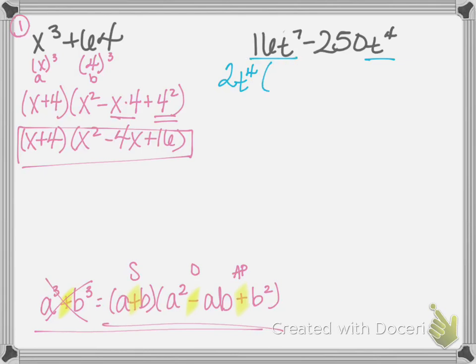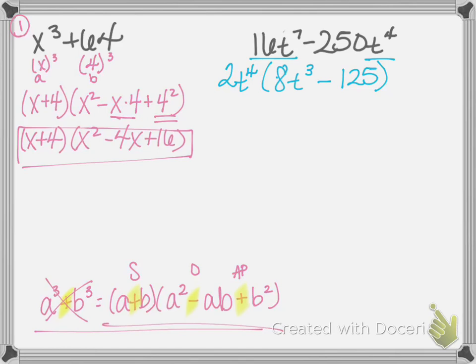If I divide the first term by 2t to the 4th, that's going to give me 8t cubed. All right, carry down my minus sign. Do the same thing for 250. 250 divided by 2 is going to give me 125. And then if I take away t to the 4th, that t to the 4th disappears. So I have completely factored out the GCF.